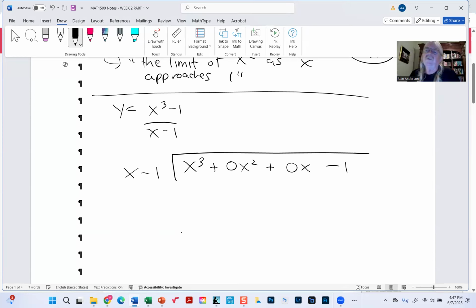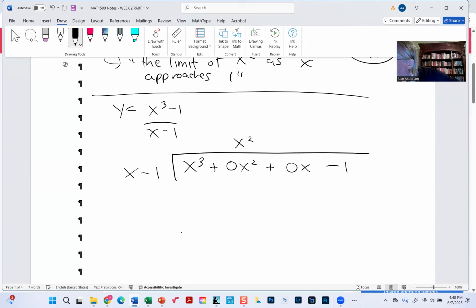By the way, when you're doing the long division, you notice how there's no x squared or x terms in the numerator. We need to put in a 0 as a placeholder in order to make this process work. So the first thing I want to do is multiply x minus 1 times something that will let me eliminate this x cubed. And so I'm going to try x squared, put it here.